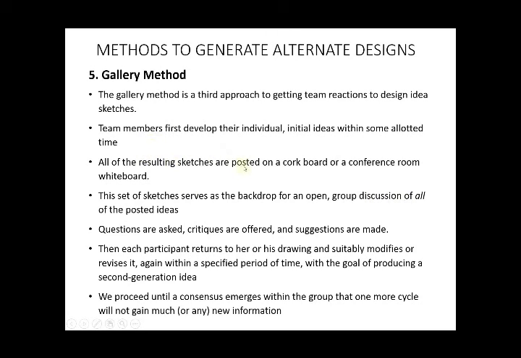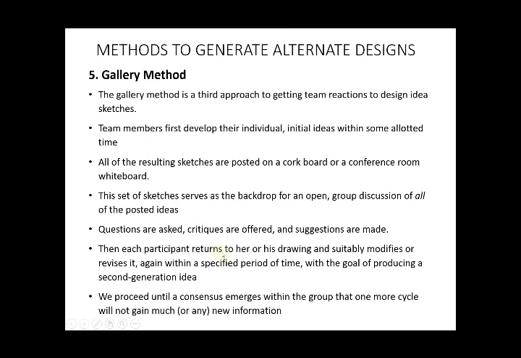All the sketches are posted on a board or cork board in a conference room, and they discuss what design concepts have been mentioned. Questions are asked, critiques are offered. Critiques means questioning how it can be workable. Suggestions are made.